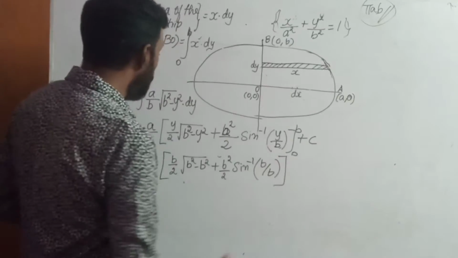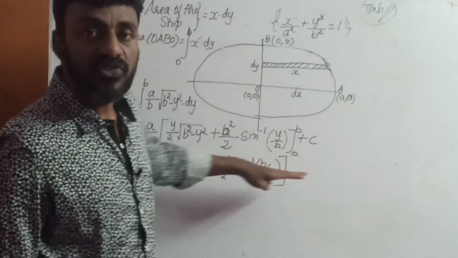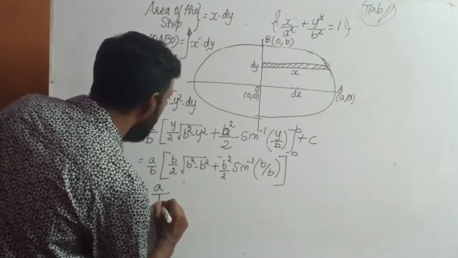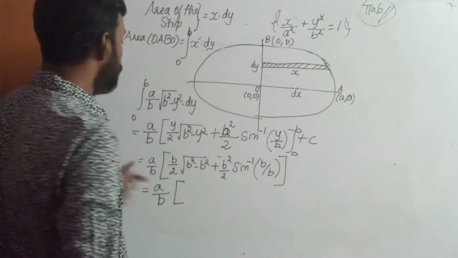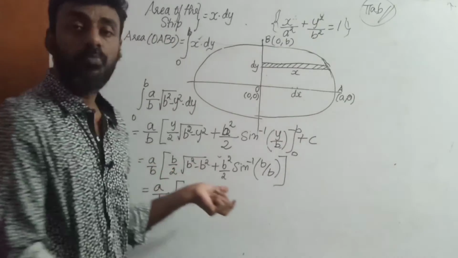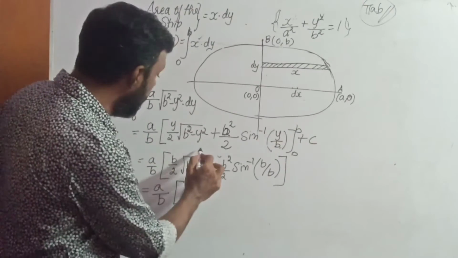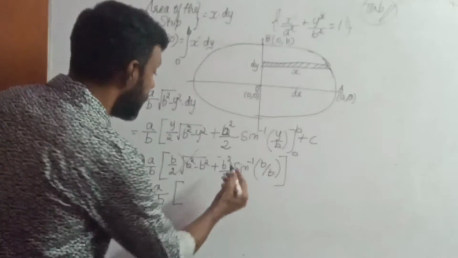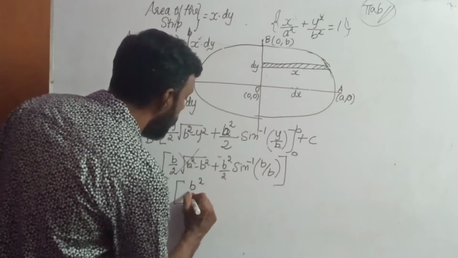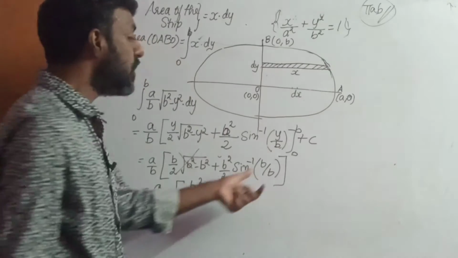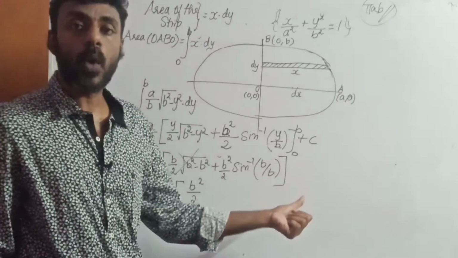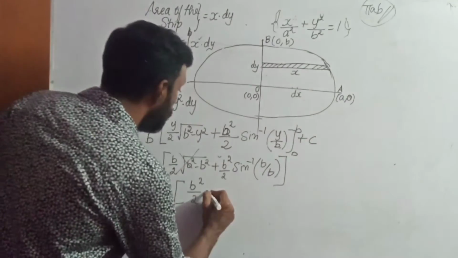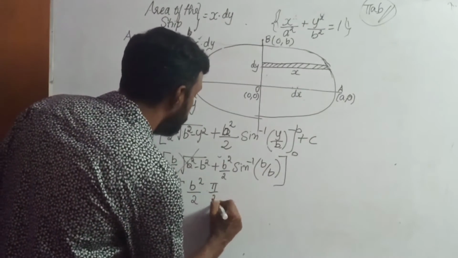So I'm not going to use the second expression. Now I'm going to use this expression. This expression will be a divided by b into, see in this one, b squared minus b squared, which is 0, so it will be null and void. So I'll be left with only this one, which is b squared divided by 2 into sine inverse of b by b, which is sine inverse of 1, which is pi by 2, into pi divided by 2.